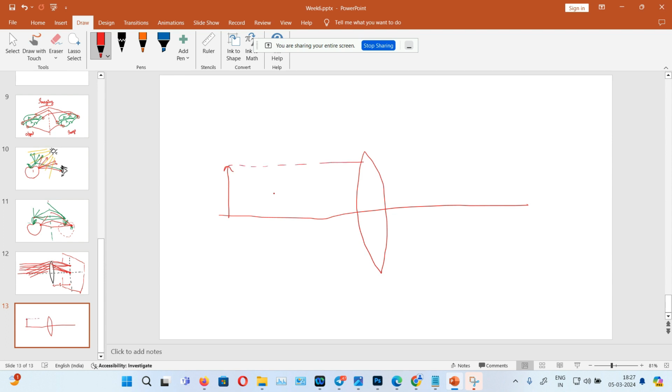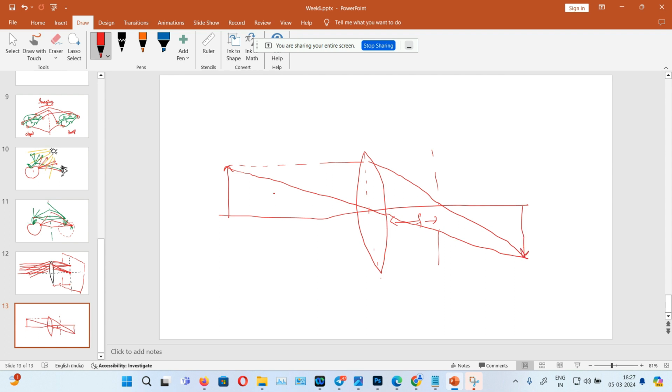The light which passes through here will go, and this is the focus. It passes through the focus. The red light which is passing through here will go and deviate.